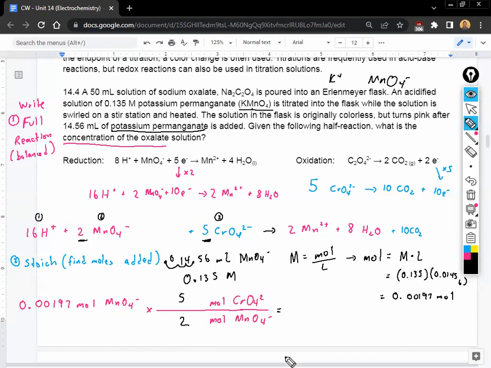When we use that conversion factor, that will give you the moles of oxalate that were in the original flask. It's very easy. Times 5 divided by 2. And you should get 0.00493 moles of oxalate.